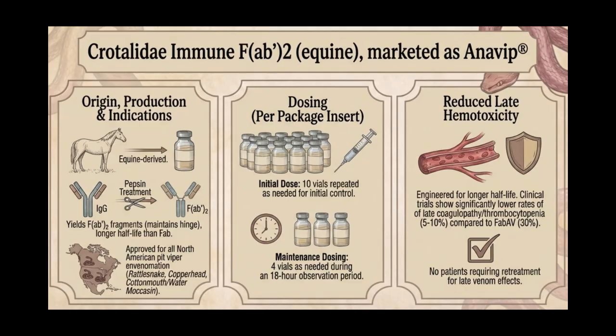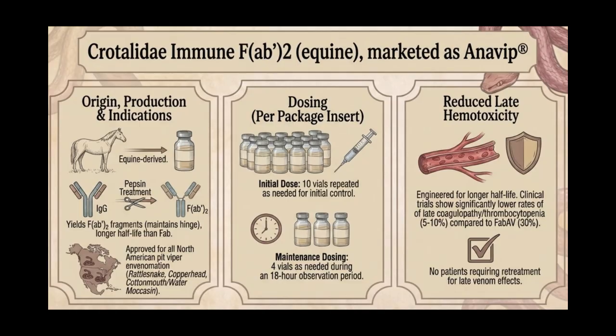Anavip received FDA approval in 2015 and became available commercially in the United States in October 2018. In 2021, its FDA approval was expanded to include envenomations caused by species within the Agkistrodon genus, such as copperheads and cottonmouths.